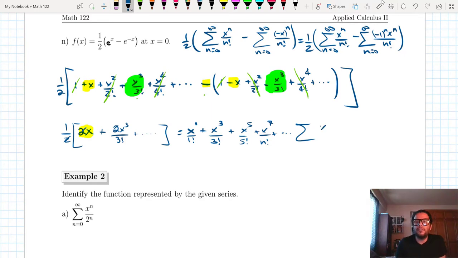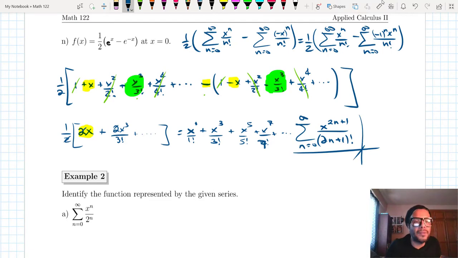This will be x to the 2n plus 1 divided by 2n plus 1 factorial, starting at 0.